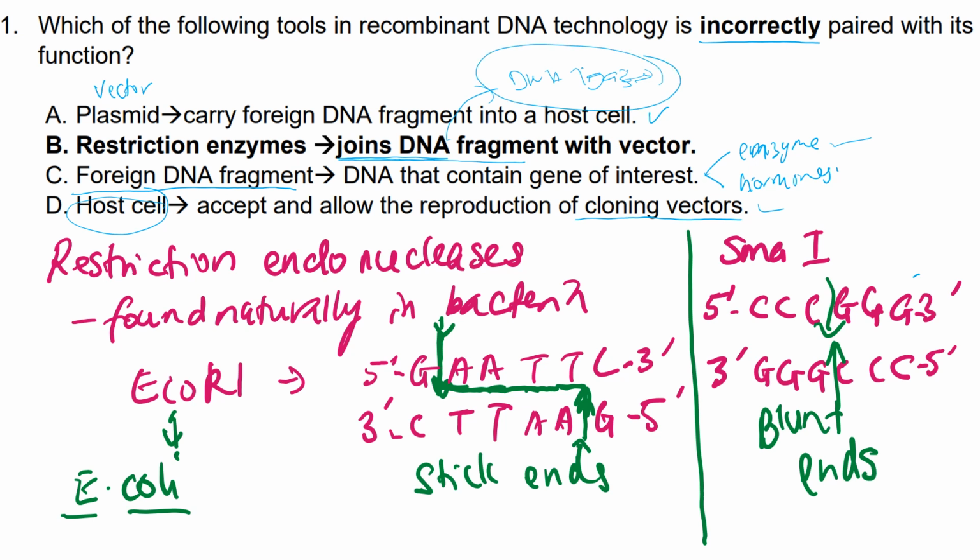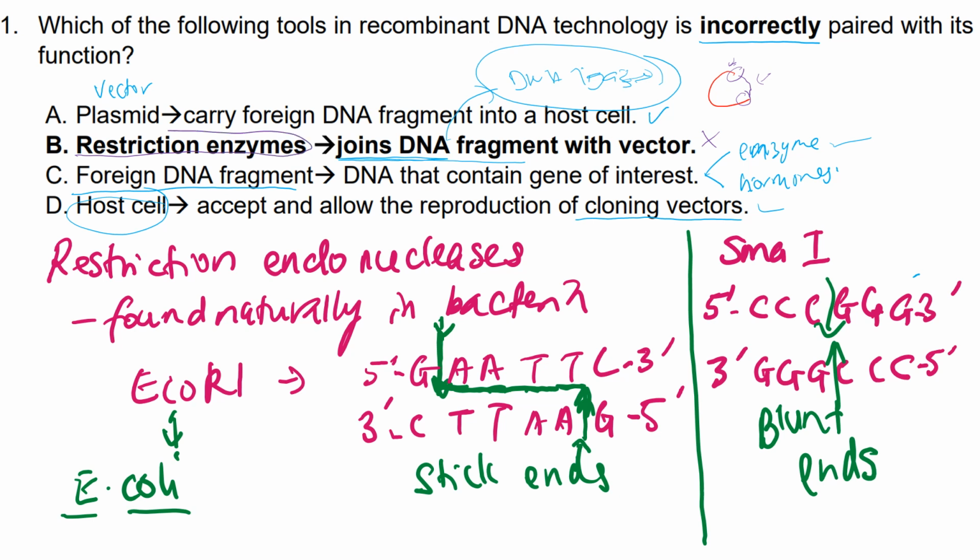We also use this enzyme in producing recombinant plasmid. When you insert foreign DNA, the blue fragment here, into the plasmid, you need to join these two different sources of DNA with the enzyme DNA ligase. So obviously statement B is not correct.